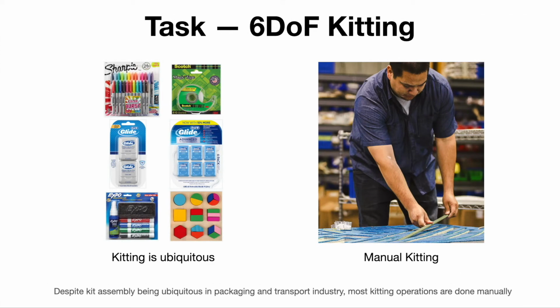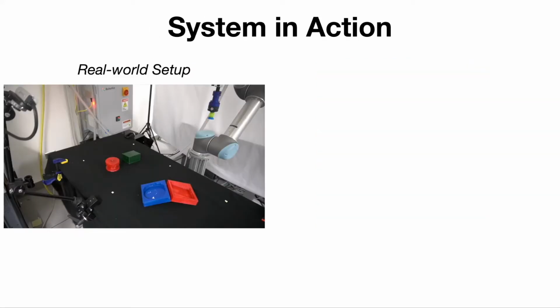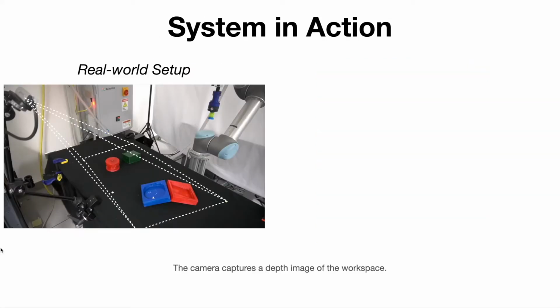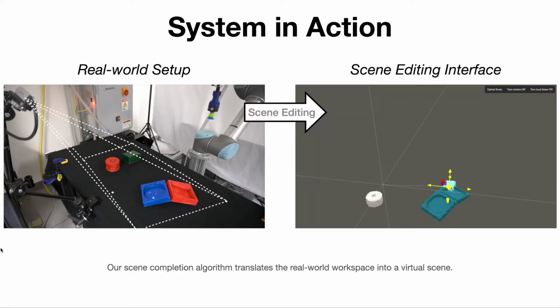Despite kit assembly being ubiquitous in the packaging and transport industry, most kitting operations are done manually. Here is the system in action. The camera first captures a depth image of the workspace. Then our scene completion algorithm translates the real-world workspace into a virtual scene.